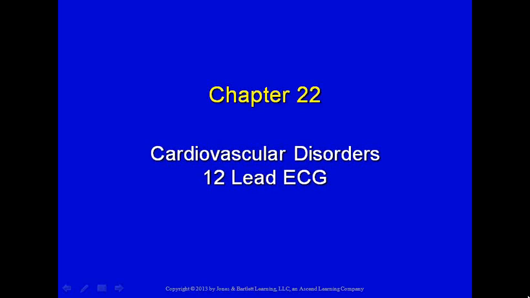So it's important that we get a good base on how to interpret 12-lead ECGs, and during your lab time actually spend some time looking at 12-lead ECGs and being able to identify those as well.